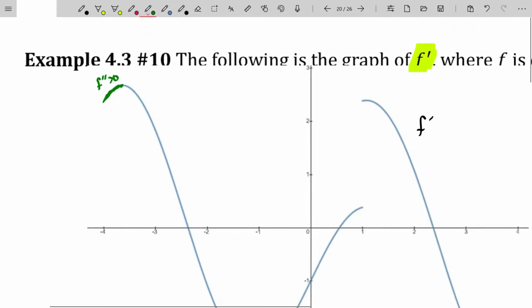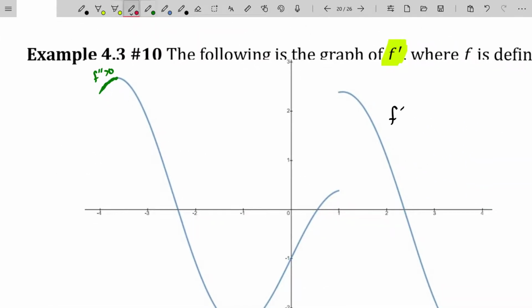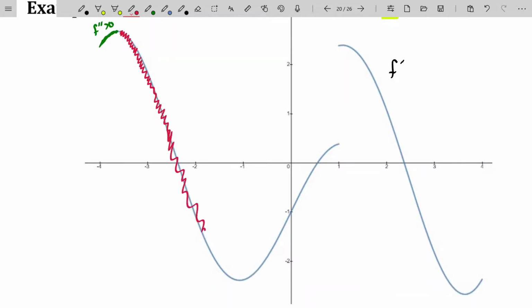And by the way, it's negative when the first derivative is decreasing. So all this red area right there is, and it goes all the way down, by the way, where the second derivative is negative. They're not asking for that, so I'm not going to bother with it, but that's true.